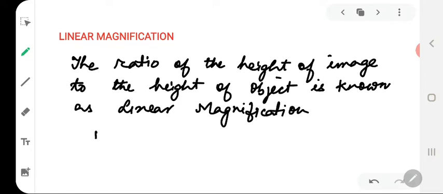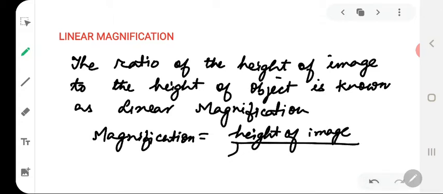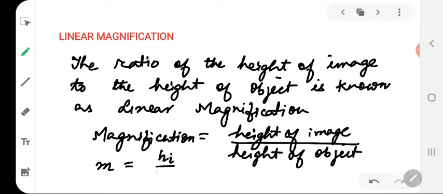This means that we can write down magnification to be equal to height of image by height of object. This means m, if it represents linear magnification, m is equal to height of image by height of object.